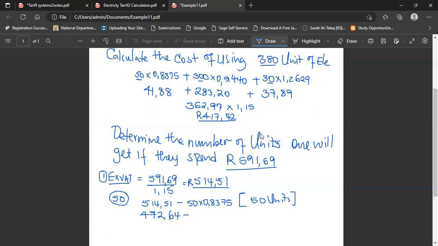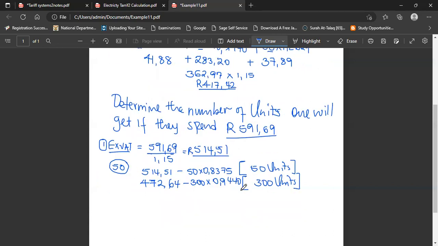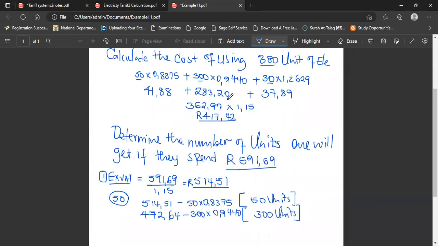But bracket number 2 needs a maximum of 300 units. And each unit is charged at 0.9440. How much is it? These are 300 units. I do this when I'm given the money. When I'm given units, I need to do the other one.